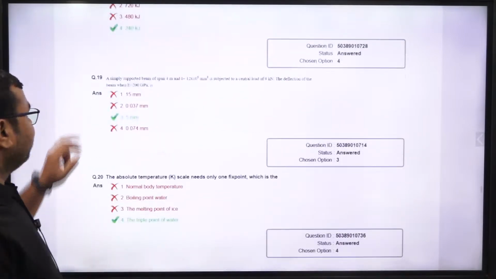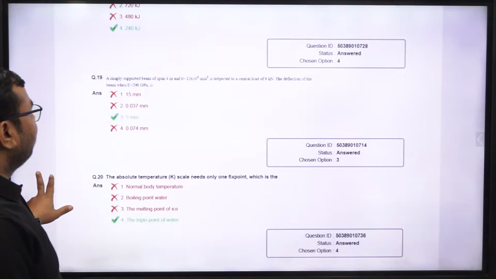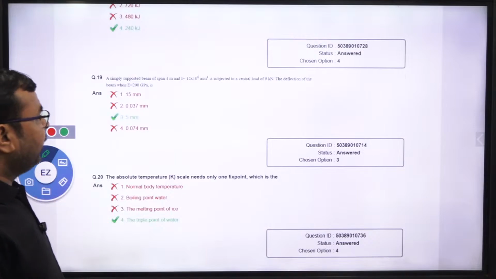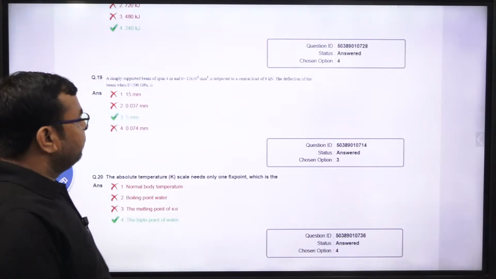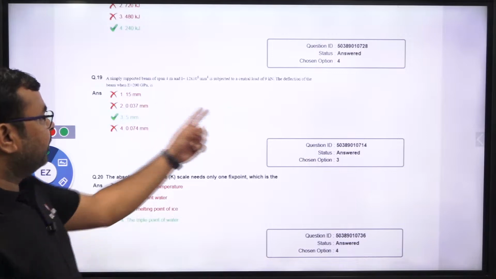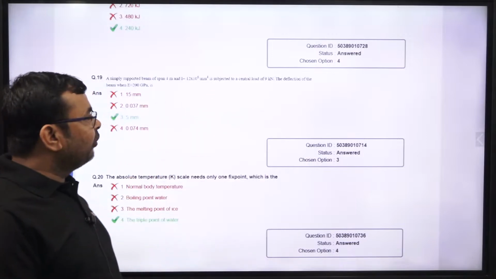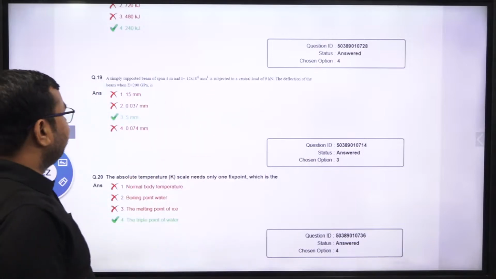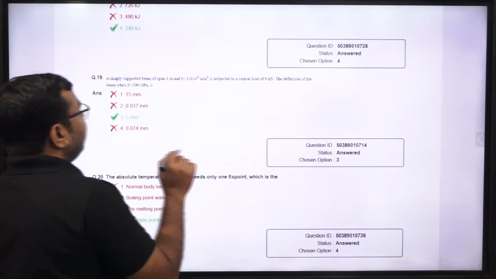And another question you can see: a simply supported beam of span 4 meter and I, that is 12 into 10 power 6 millimeter to the power 4, is subjected to a central load of 9 kilonewton. What is the deflection of the beam when the Young's modulus is 200 GPa?